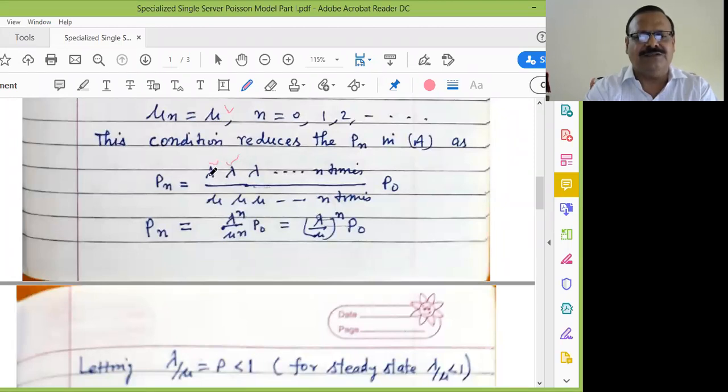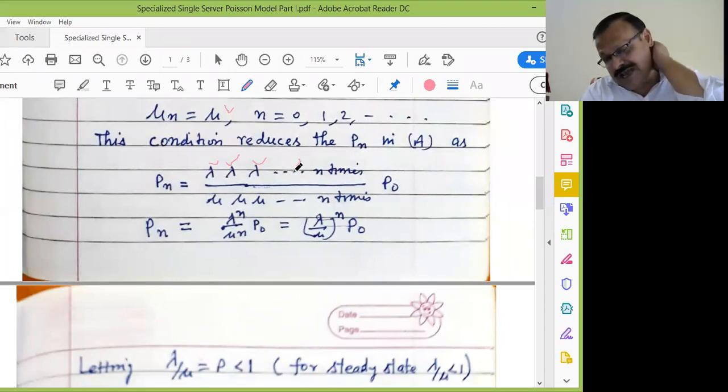Lambda n minus 1 has become lambda, lambda n minus 2 has become lambda, lambda n minus 3 has become lambda, and so forth. Lambda naught has also become lambda. This is corresponding to lambda naught, and the total number of terms is n, so n times.